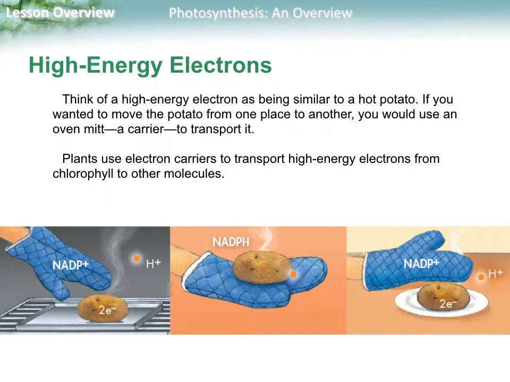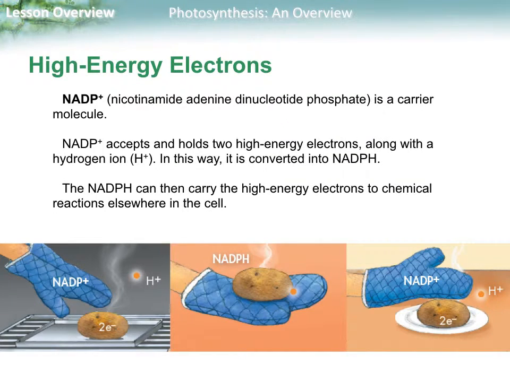Plants use electron carriers to transport high energy electrons from chlorophyll to other molecules. NADP+, and you always need to have the plus sign there, is nicotinamide adenine dinucleotide phosphate. It's a carrier molecule and it's involved with photosynthesis.